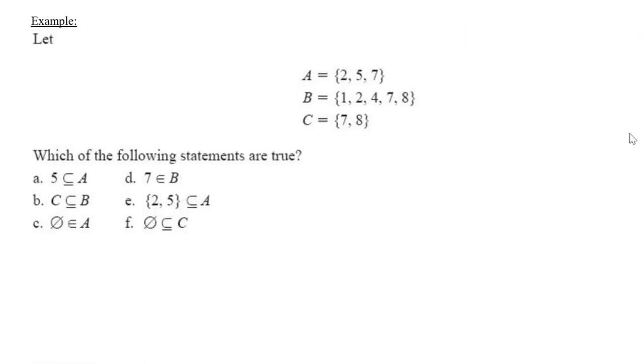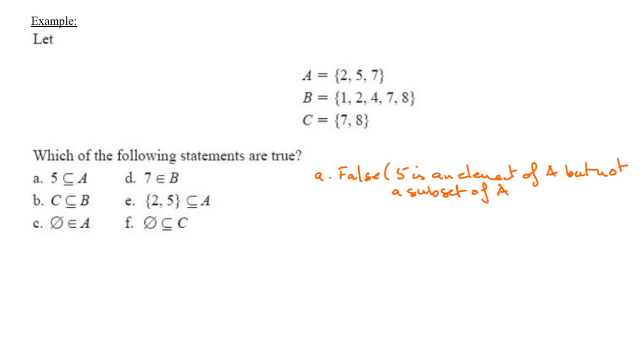Let's see this. We have A is {2, 5, 7}, B is {1, 2, 4, 7, 8}, C is {7, 8}. Which of the following statements are true? So again, is 5 a subset? 5 is an element, not a subset. So right here I would say A is false, since 5 is an element of A, but not a subset of A. For question B, C is a subset of B. Well, C has 7 and 8 and B has 7 and 8, and that is true.